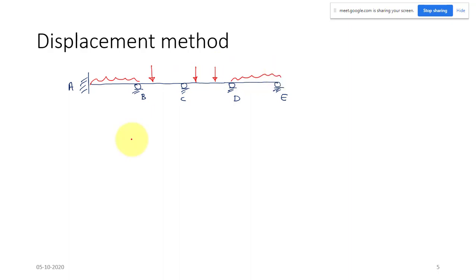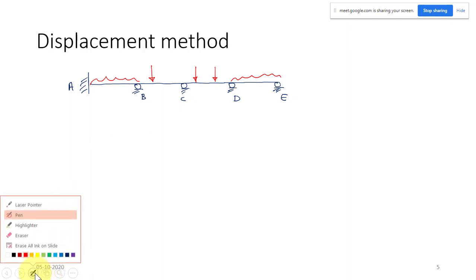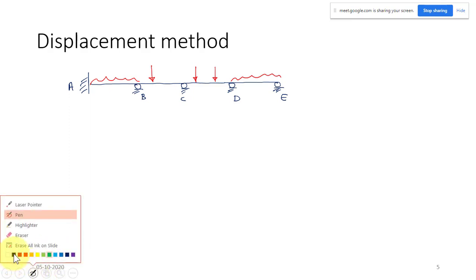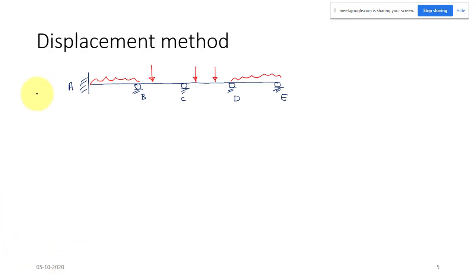So once there is loading, the beam has to bend. There will be some deformation in the structure. I am just giving an arbitrary deformed shape of your beam. It will bend maybe something like this. Here the deflection and slope will be 0, and once you come to continuous support B, it may go like this.